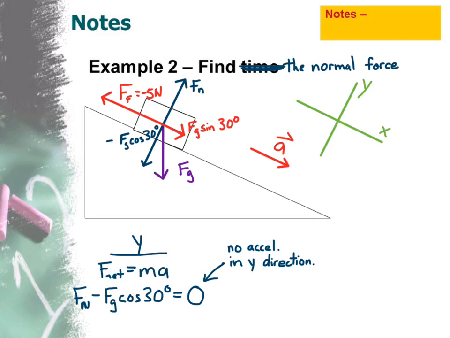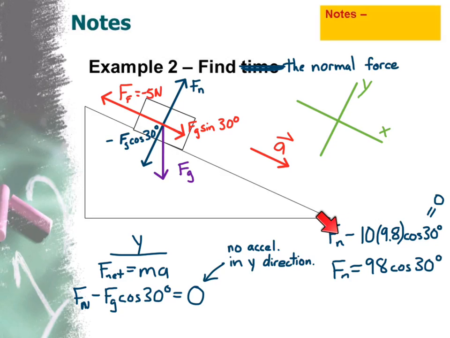So I have an equation that I can solve for F sub n. Because I know the mass, I can figure out what F_g is. And as a matter of fact, I'm going to plug that in over here. So the normal force minus 10 times 9.8 times cosine 30 equals 0.